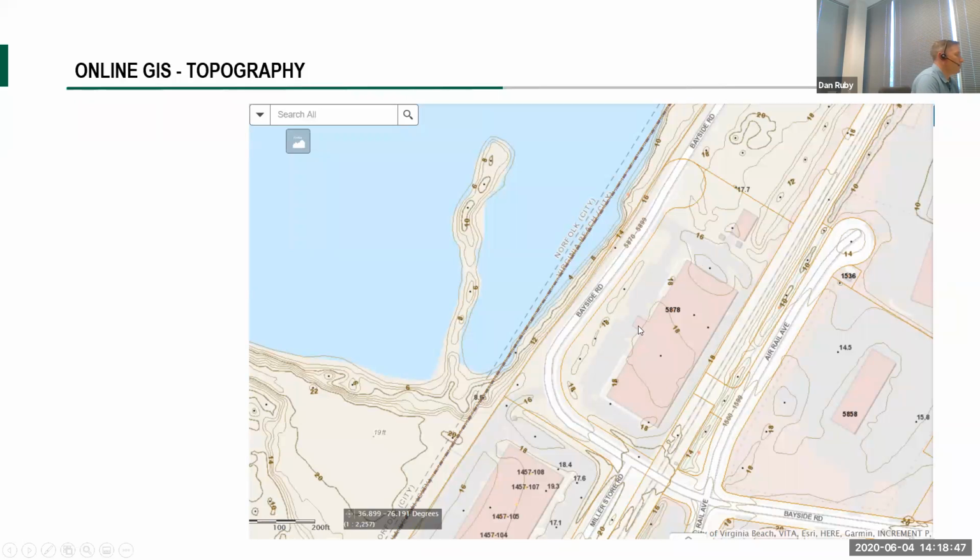So again, going back to the first things that we discussed here, we're able to take a look at this and get a general idea of where's high ground, where's low ground, how are the contours laid out, to be able to get an idea on which direction the drainage patterns are going to be, where it's going to be high, where it's going to be low.